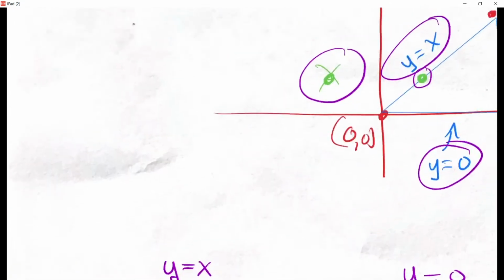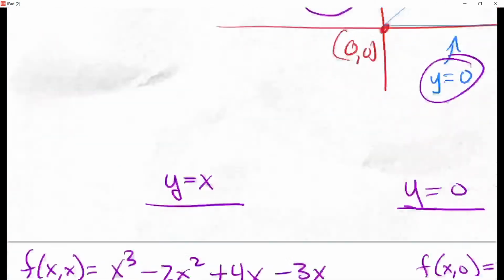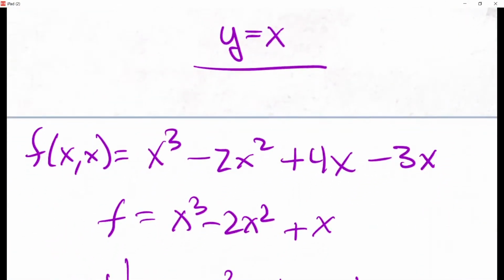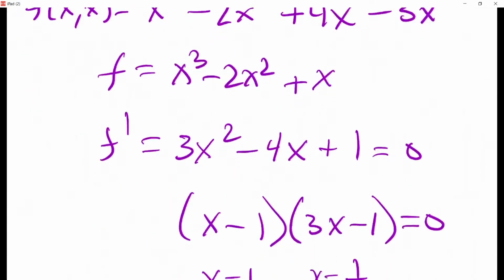When you plug in y equals x, change all of these to x's, well, just 2 of them, then what you end up with is this function here. I simplified it. I hope I simplified it correctly. So there's the function after changing all the y's to x's, simplified, did the derivative, set it equal to 0. That one factored relatively nicely.